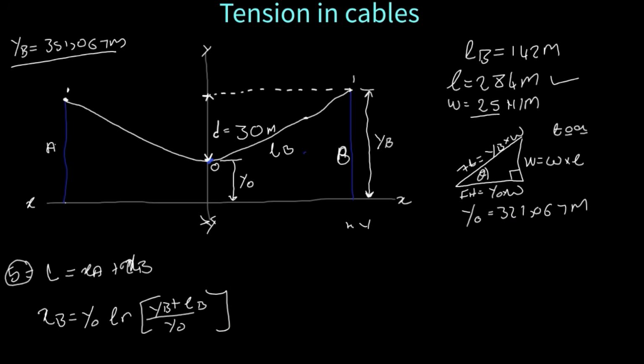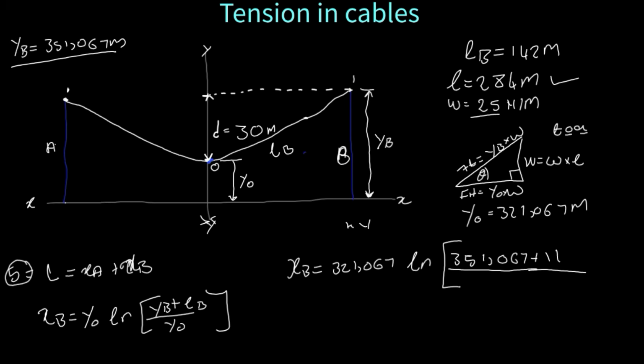Substitute here. Our XB: yo is 321.067, ln of yb, which is 351.067, plus 142, divided by yo, which is 321.067, close bracket.